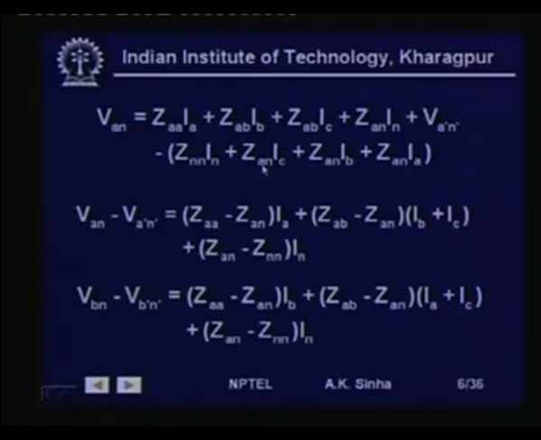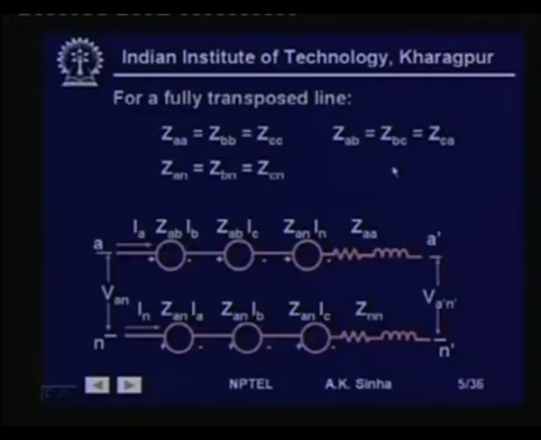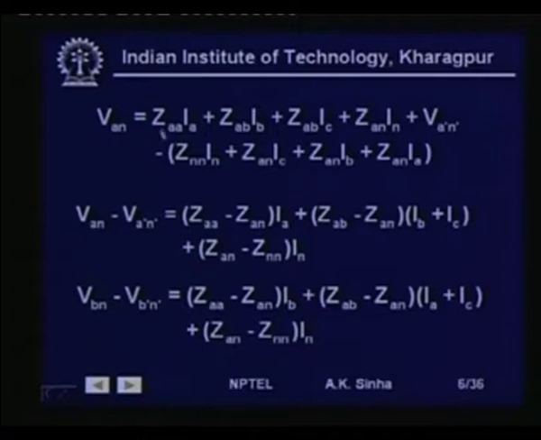So, ZCN is equal to ZAN. We are writing everything in terms of A. So, ZAN into IC plus ZAN into IB plus ZAN into IA, taking care of these voltage drops with their directions taken into account. So, this is what we will get for VAN.